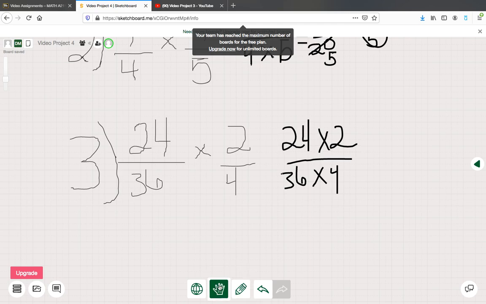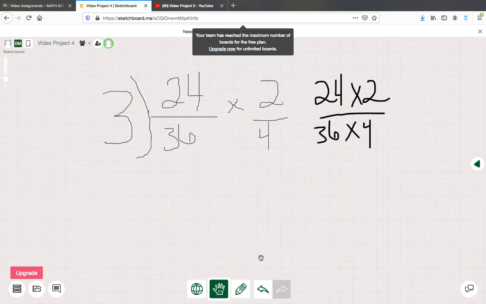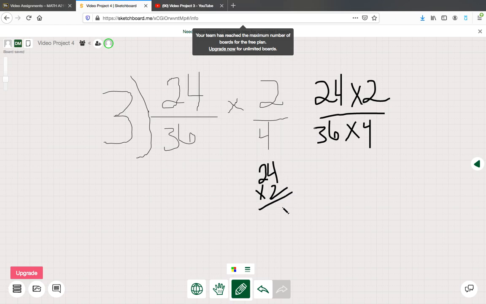So we're going to come down here and do this math. 24 times 2 equals 48. 4 times 2 is 8. 2 times 2 is 4. So our numerator is 48.